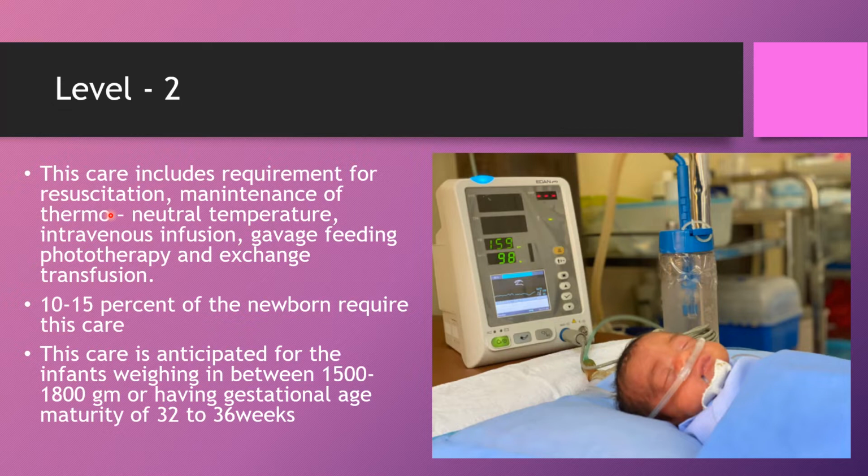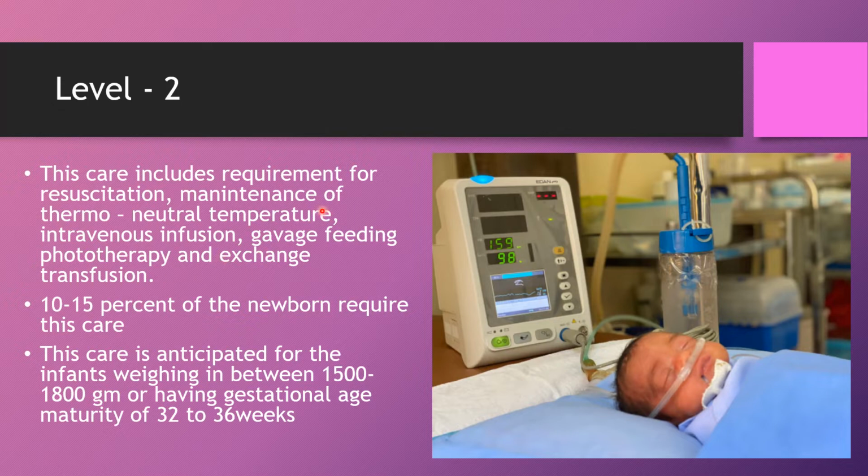The baby is having sickness, the baby is not able to breathe, or it is a very low birth weight baby with no lung maturity; in these conditions they can go for resuscitation. Then maintenance of thermoneutral temperature, intravenous infusion, gavage feeding, phototherapy, and exchange transfusion. In level 2 care, they will provide this type of care inside the NICU.